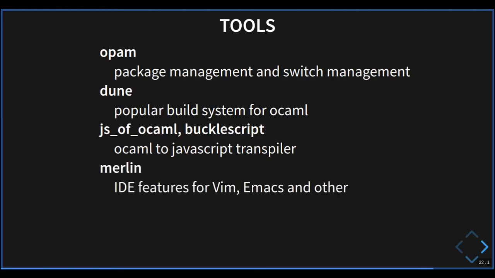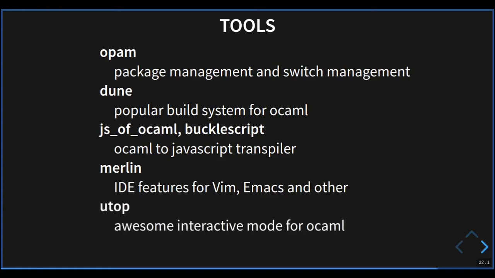There is Merlin, which provides some IDE features to the text editors. It supports Vim, Emacs, and some other editors. And there's Utop, which is a really nice interactive mode for OCaml.